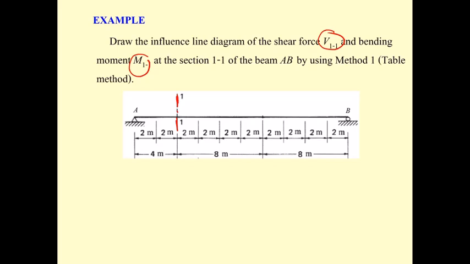The steps will be like this: move the force to a new position, draw the free body diagram, and use the equation of equilibrium to determine the shear force and the bending moment. Okay, if you understand that, let us start by putting the unit load here, and you may see the R sub A is going to be 1.0.